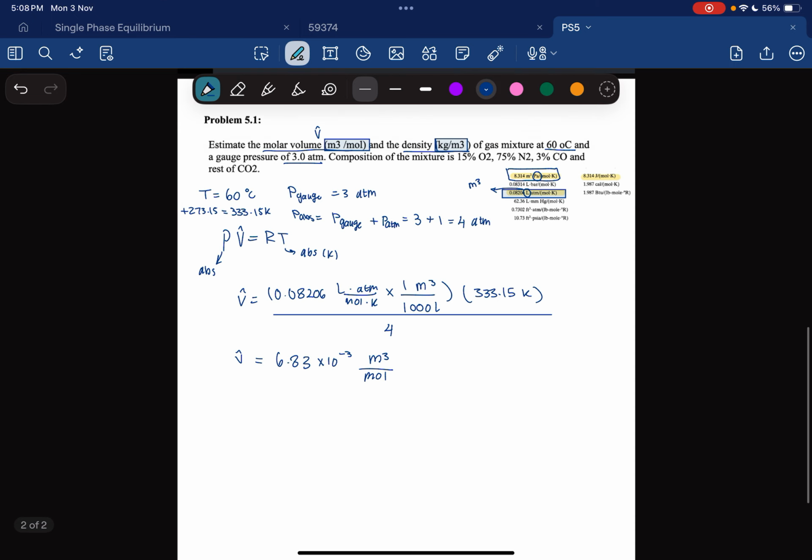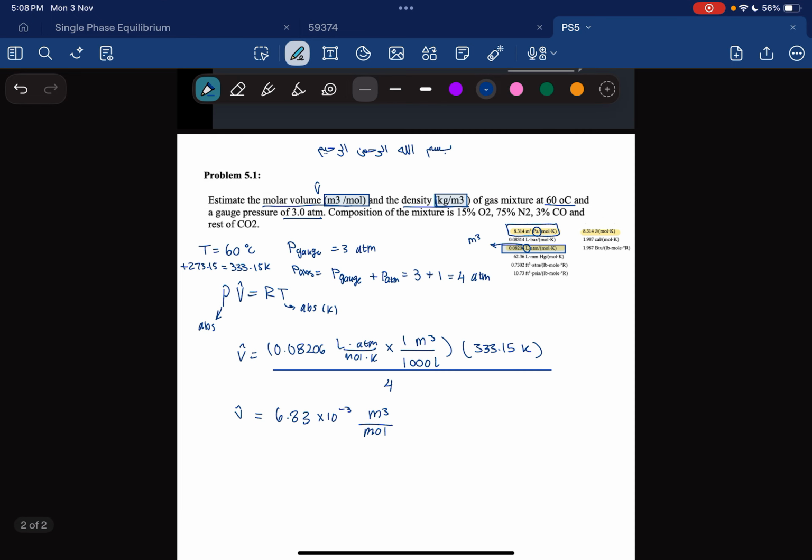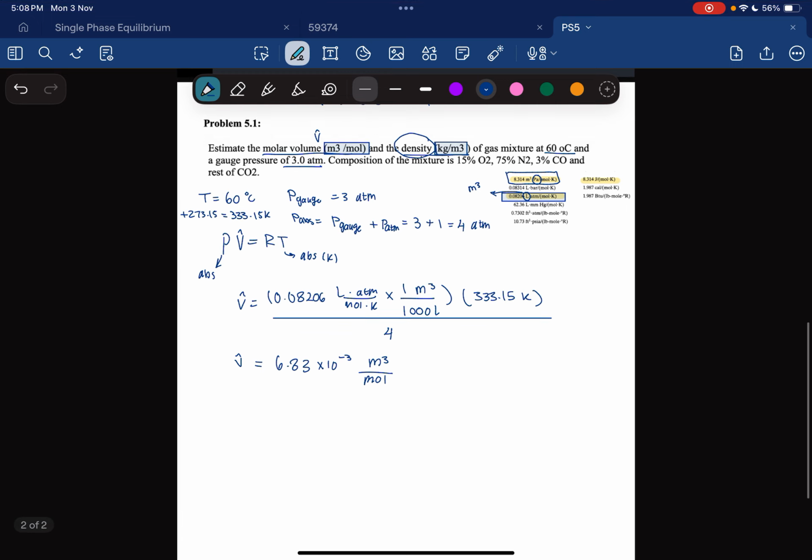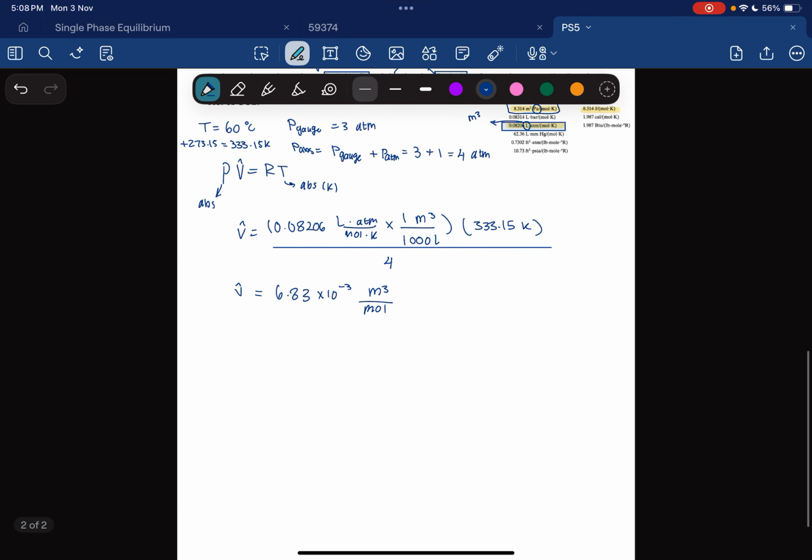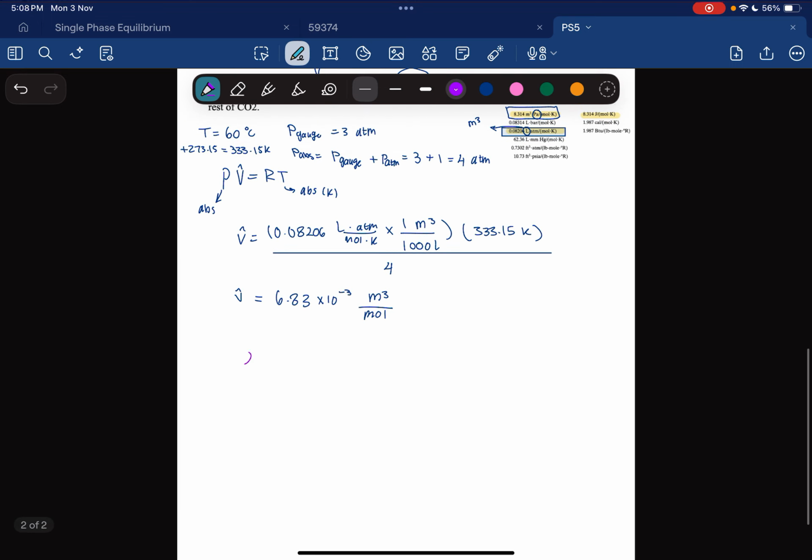Okay, so let's move to the other part of this problem. We need to find the density in kilograms per meter cubed, and we will use this relation. The density is equal to the absolute pressure times the average molecular weight over RT.